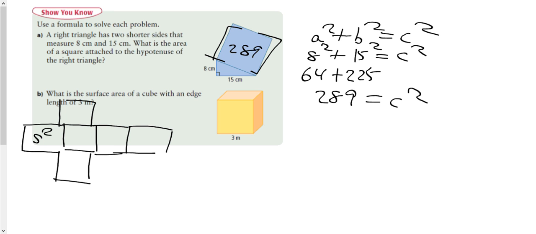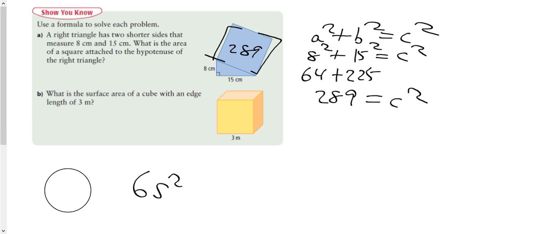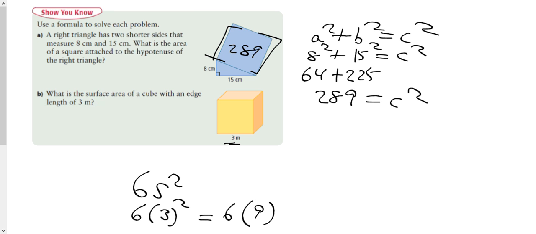So multiplying side squared by 6 allows us to calculate the area of all of the faces combined, which is called your surface area. Substituting the edge length of 3 and squaring it, following BEDMAS, I get 6 multiplied by 9, which is 54 square meters for the entire surface area of that cube.